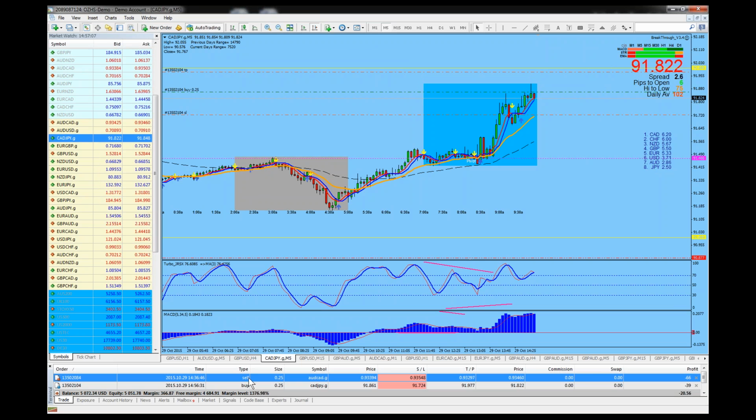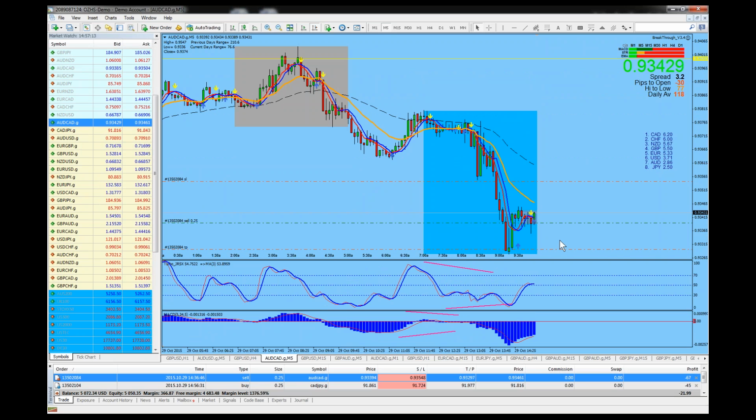All right, let's go back to Aussie. Let's put CAD yen at the top. Let's put Aussie CAD. This is the 5-minute chart. We've still got room to the bottom, so this could dance around a bit. It's just going to be slow.